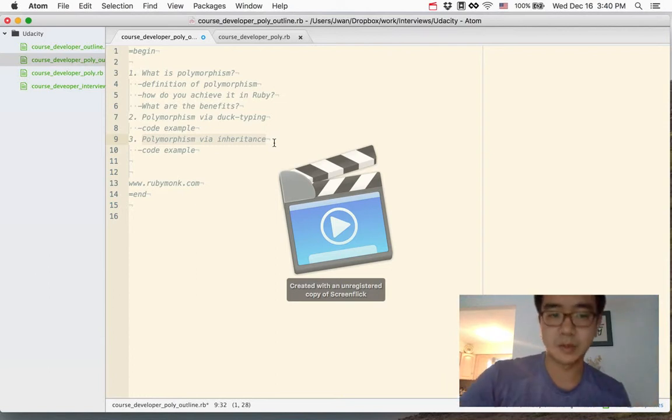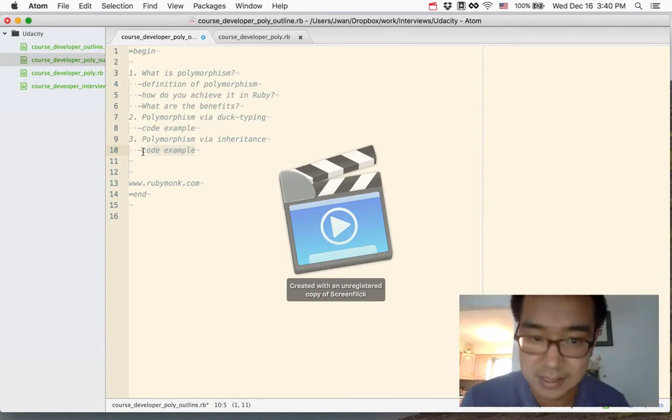And I will also, of course, provide a code example and then also explain what inheritance is. And so as you can see, the scope of this course is quite small, but we'll be explaining one of the most important concepts of OOP, object-oriented programming, namely polymorphism, in a short 10-minute video.